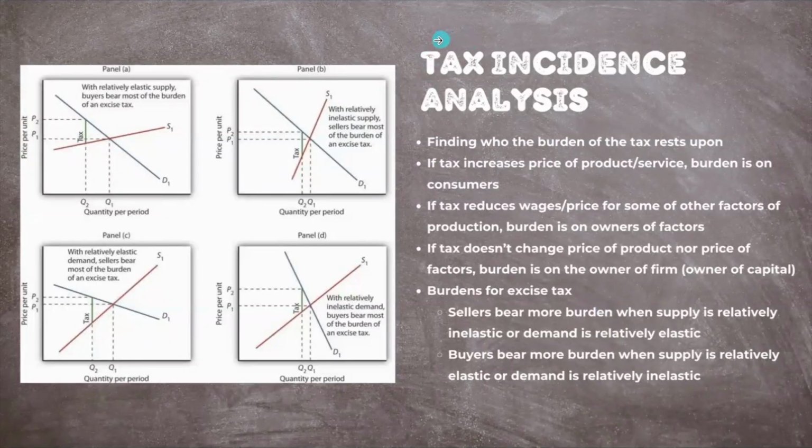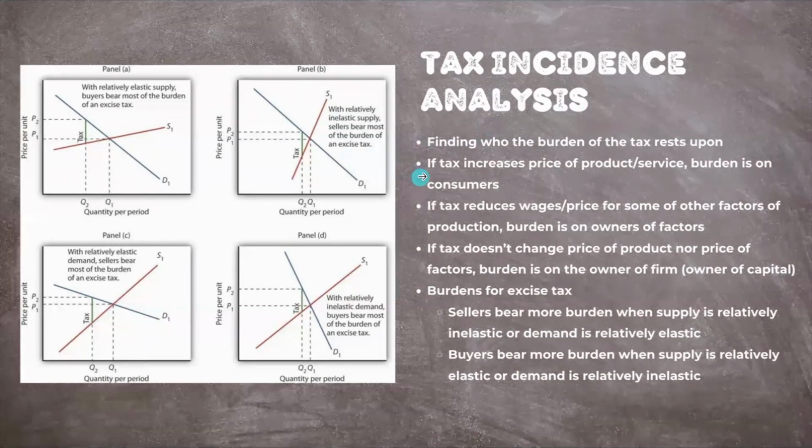There is another concept called tax incidence analysis, which is basically finding who the burden of the tax rests upon. Like when you pay for an item at a store, even if it says sales tax, for example, on the receipt, it is ultimately the store who pays that tax to the government.